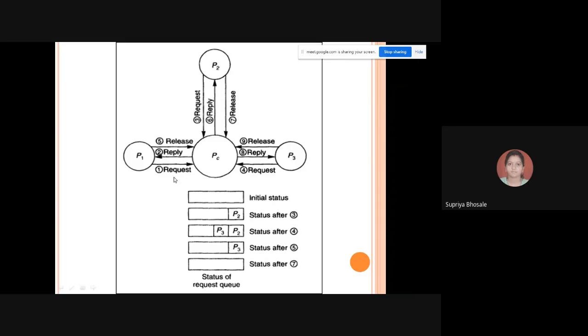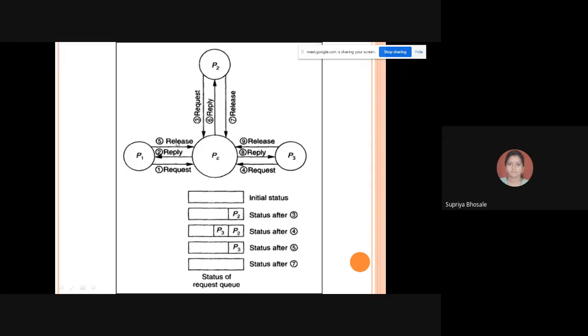Now suppose for example P1 has released from the critical section. त्याला जे काही यूज करायचे होते रिसोर्सेस ते सगळे संपलेले आहेत. He has sent the release message to the coordinator. So immediately after his release, the first process who is there in the request queue will enter the critical section.